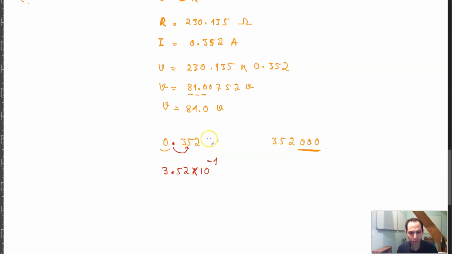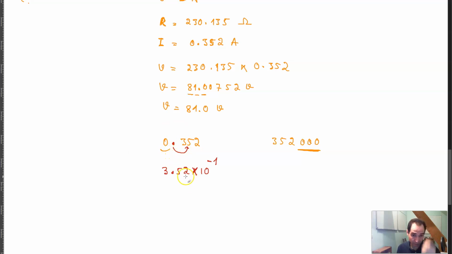It's again still the same number with the same value. If you multiply 3.52 by 10 raised to the power negative 1, meaning dividing by 10, you would get 0.352, which is the same number.